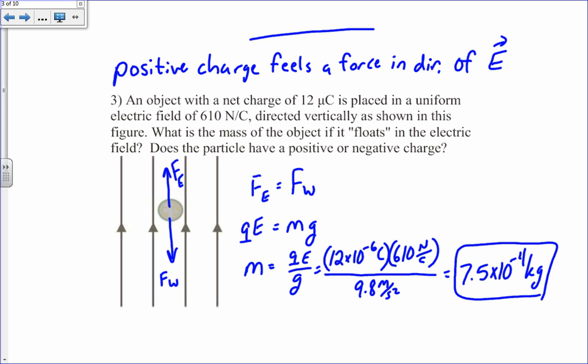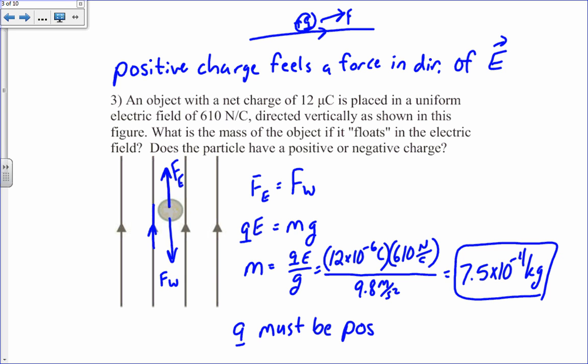So if I have a field line in this direction and I have a positive charge here, then my force is also in that direction. Here, I have an electric force that is in this direction, and an electric field that is also in that direction. So that means that it has to be a positive charge. Q must be positive in order for the force to be upward.